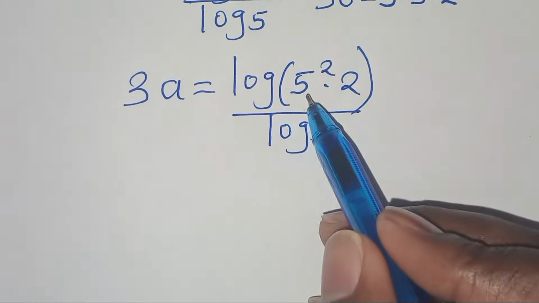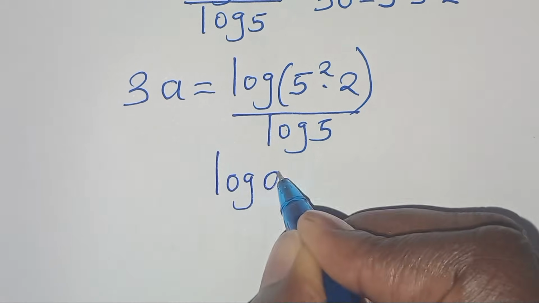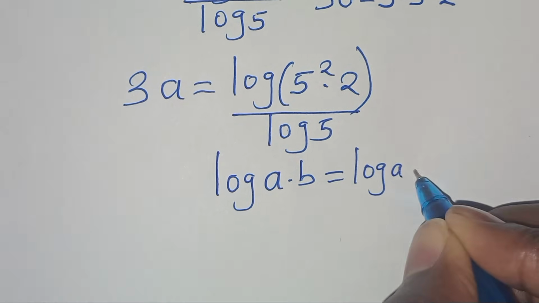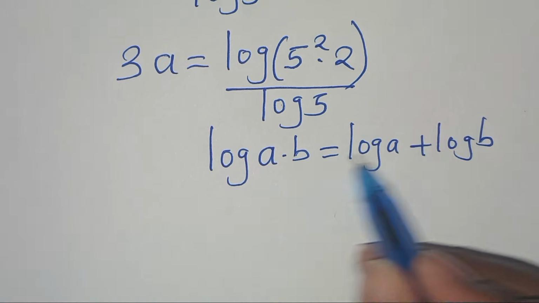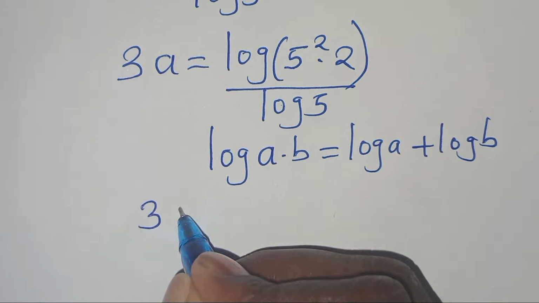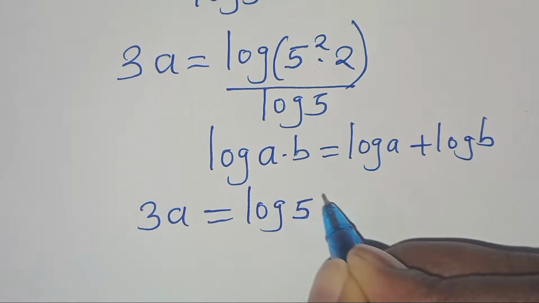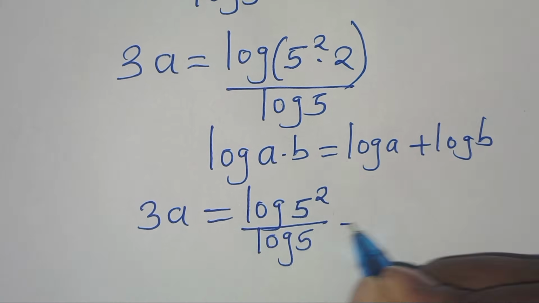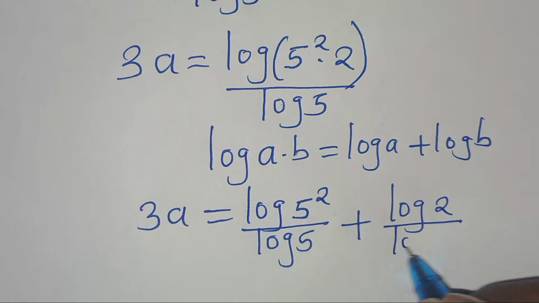We have that log 5 to the power of 2 times 2 is in the form of log a times b, which we can express as log a plus log b. Now, applying this logarithm property, we have 3a equal to log 5 to the power of 2 divided by log 5, then plus log 2 divided by log 5.